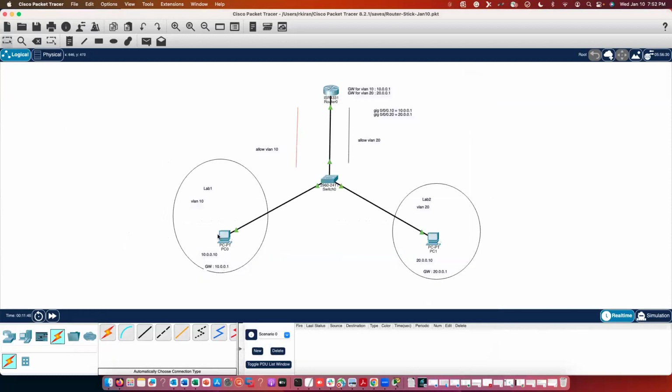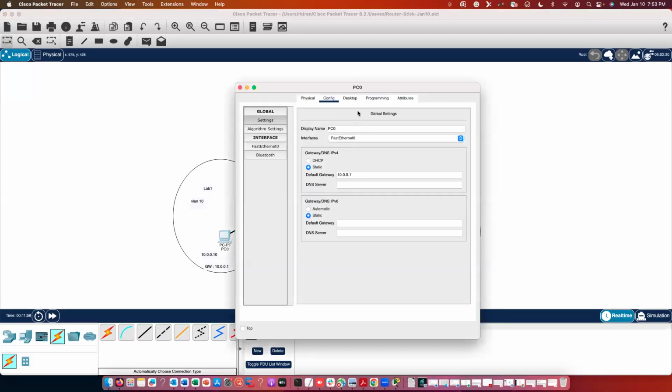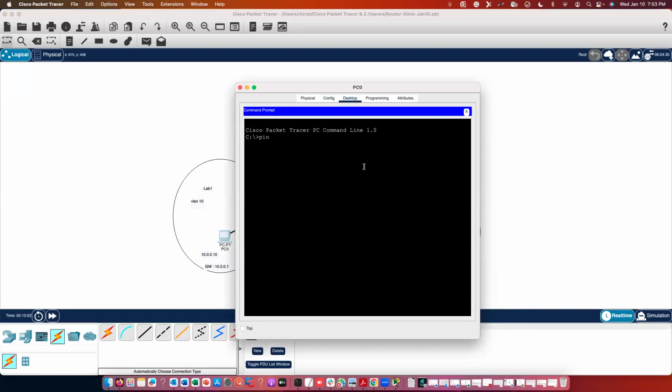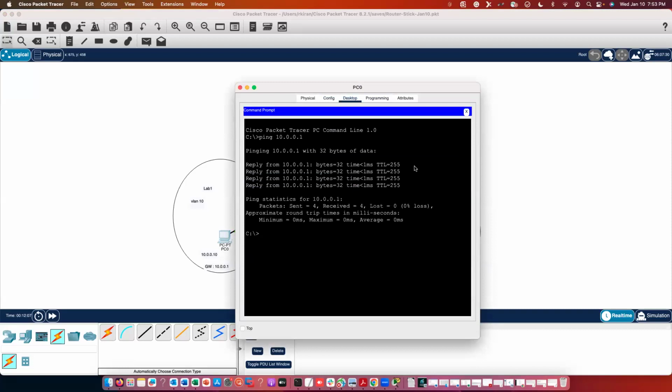Now let's see if the PC 10.0.0.10 is able to ping 10.0.0.1. Similarly, 20.0.0.10 is able to ping 20.0.0.1. Let's see if these PCs are able to connect to the gateways first. I'm going to go to desktop, command prompt, ping 10.0.0.1. I was able to ping my gateway.